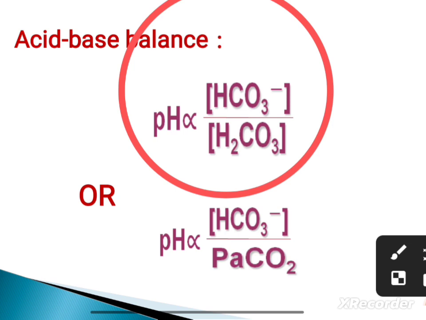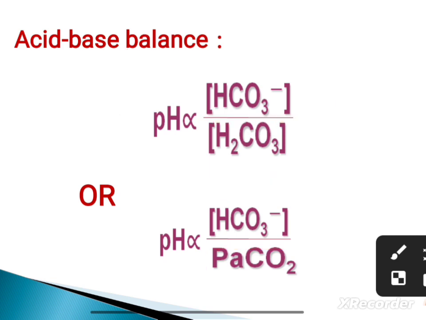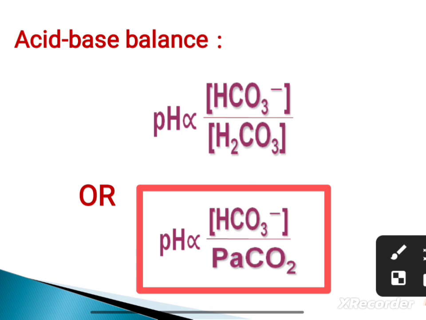As pK is constant, we can write the equation like this, and as the carbonic acid level has a static relationship with partial pressure of carbon dioxide, ultimately we can write down the equation this way. pH is proportionate to concentration of bicarbonate divided by partial pressure of carbon dioxide.